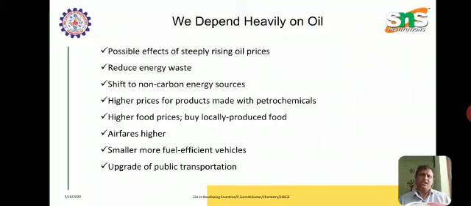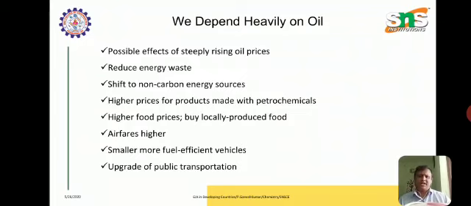We have to reduce energy waste, and we should shift to non-carbon energy sources. Oil contains carbon, but our aim is to shift from this to the other end. When the oil price rises, prices of products made with petrochemicals rise, and food prices automatically rise. Buy locally produced food.